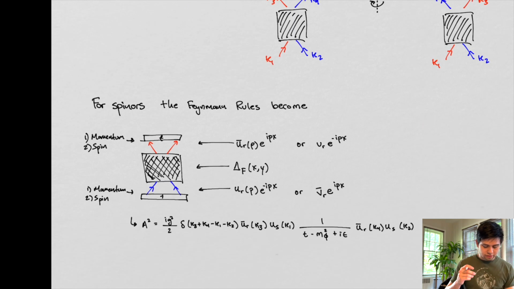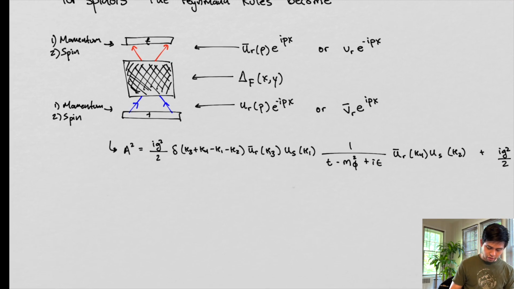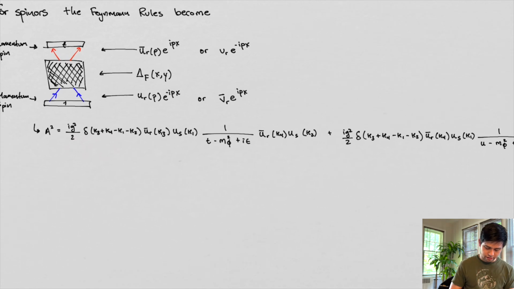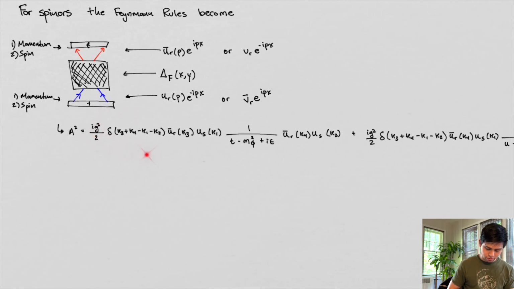Keeping track of the spin is going to require something else, and that's going to bring into the picture our Dirac gamma matrices. So for our Yukawa interactions, if we're dealing with spinors instead of complex scalars, we have our answer looking like this. These are our spinors right here.